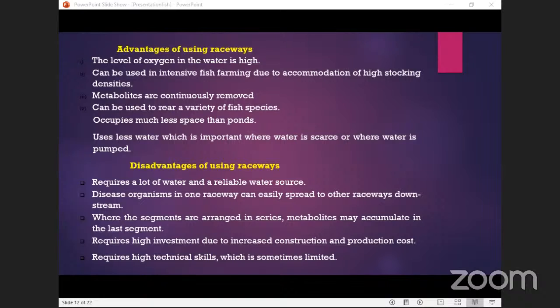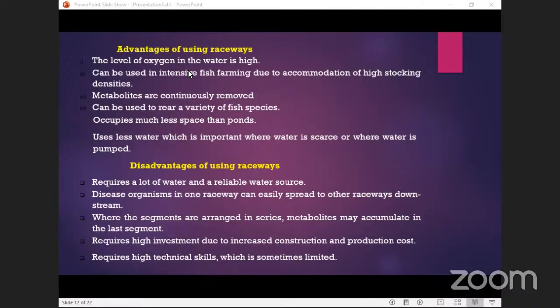If you have a number of raceways, for example, you have A at the first front, and then you have B. So water from A will flow through the raceway A, and then to go to raceway B, meaning there's the ability to move these pathogens from one to another, hence easily spreading diseases in the fish pond.